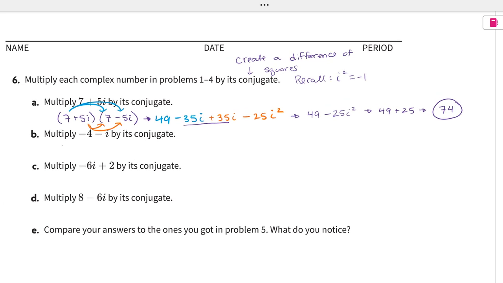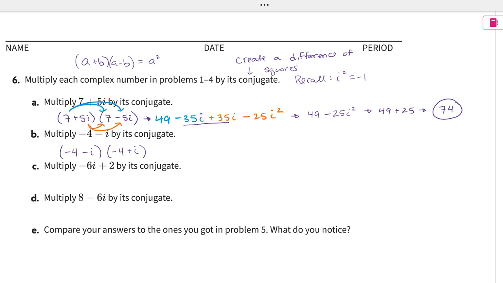Part B. For part B, I won't show as many steps here. Let's change that imaginary part to a real part. When I say a plus b, and it's quite literally a plus b, that works really well because that's what we use for the imaginary part.